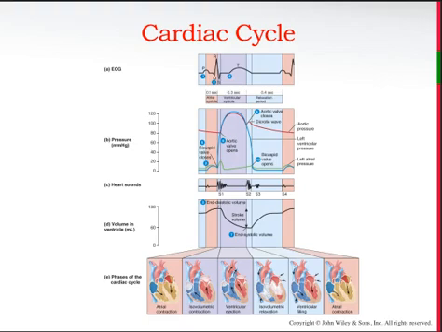We have about 0.4 seconds of relaxation period where all of the chambers are relaxed, and we see passive filling. Just remember that as heart rate increases, the relaxation period is what gets decreased the most. We'll have a minor effect on systole and diastole, but predominantly we'll see a decrease in the relaxation period.